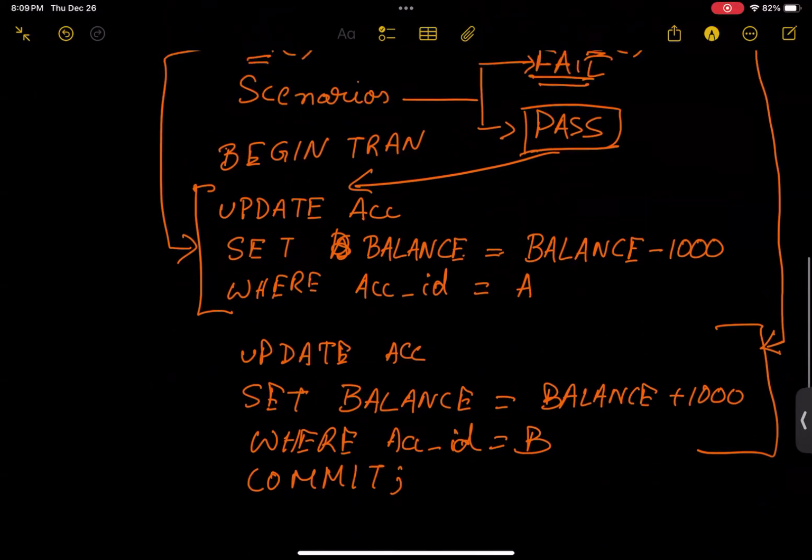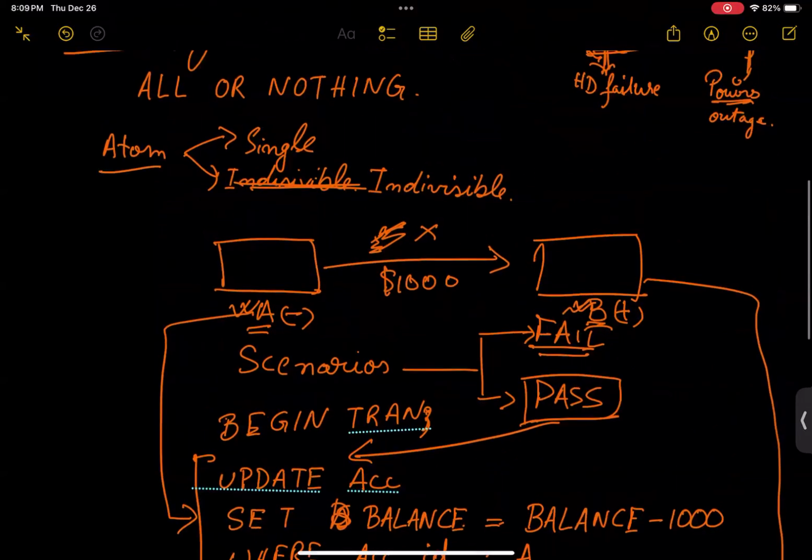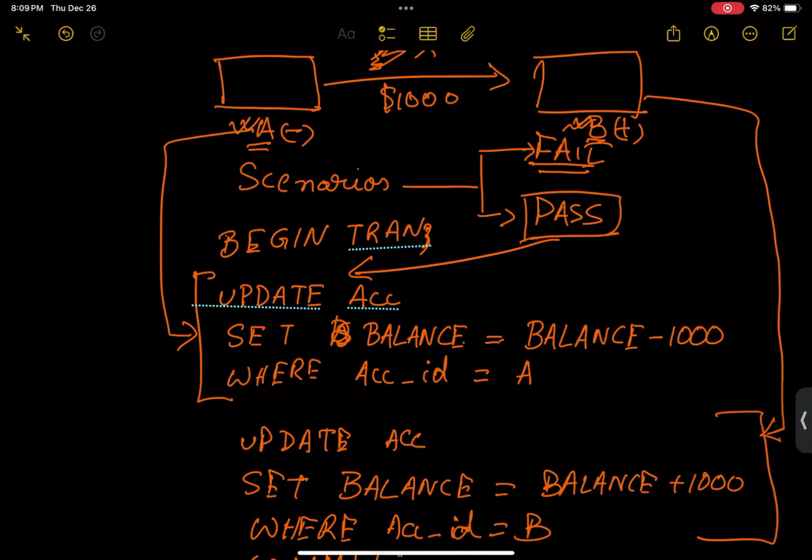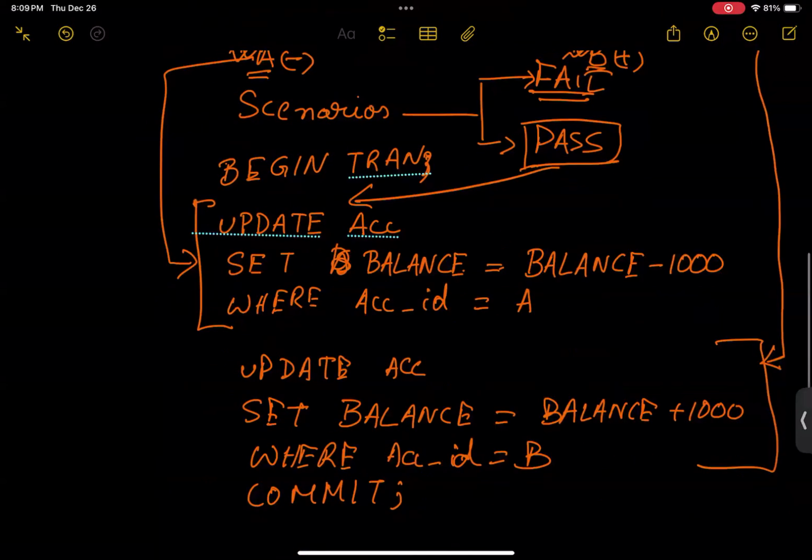Begin transaction and commit. If you use these two statements in front of the update statements, that means these two update statements are now treated as one unit within a single transaction. So all or nothing will only happen if these are treated as one singular unit.